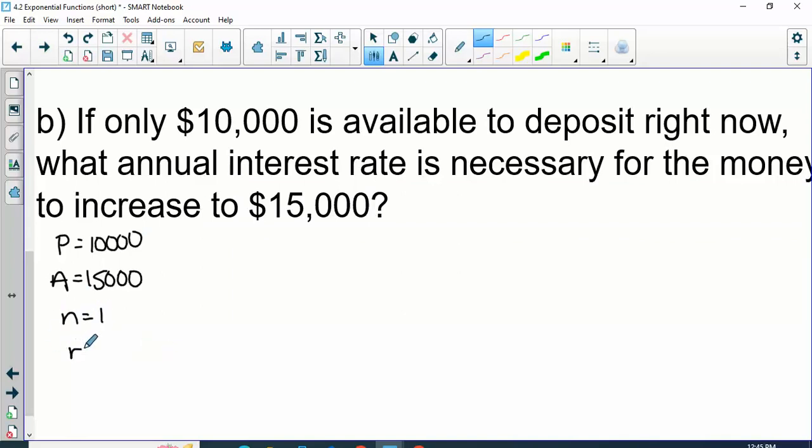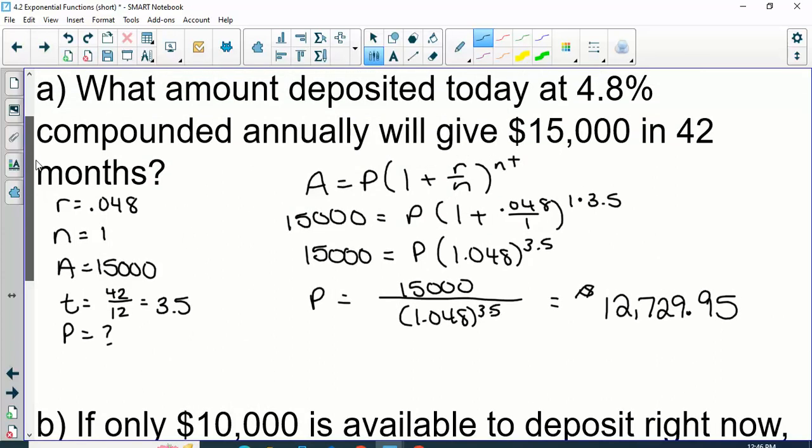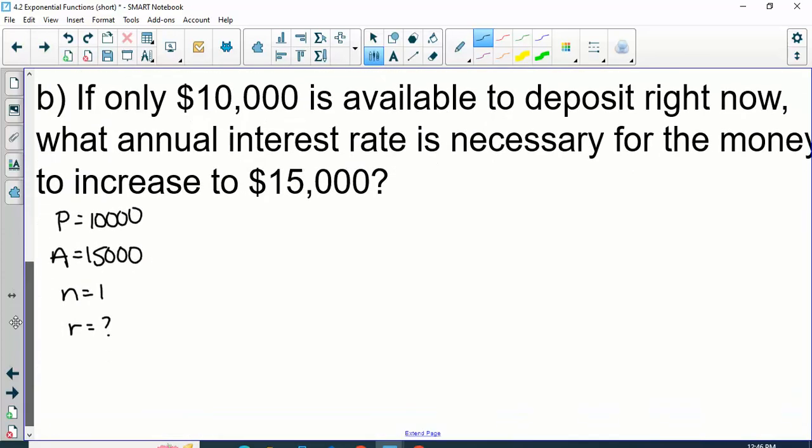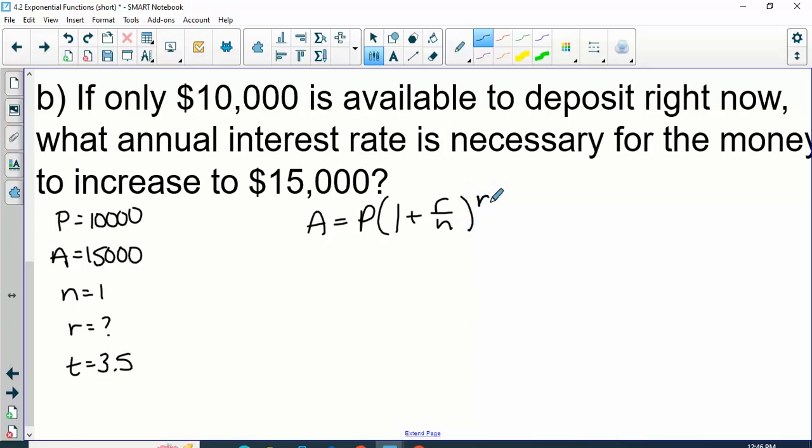We're trying to find the rate this time. I did not mention a time in here, so let's assume it's the same time as part A. So the 42 months or the 3.5 years. So A equals P, 1 plus r over n to the nt.